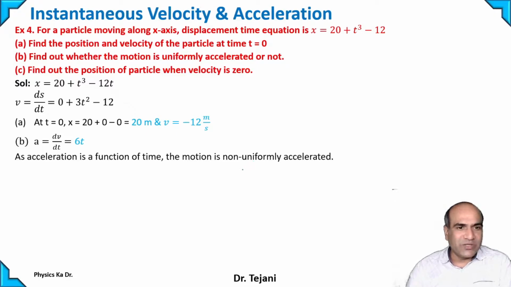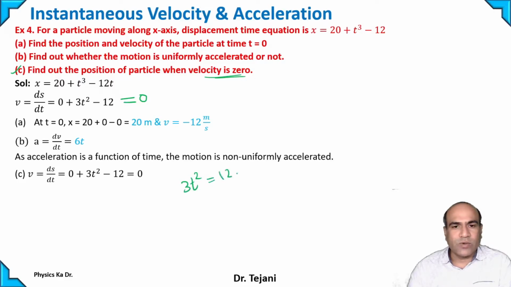Then find out the position of the particle when velocity is 0. Here it is asked, when velocity is equal to 0, we can put velocity equal to 0 in this equation. So 3t square minus 12 is equal to 0. Can we put 3t square is equal to 12? We can divide this, so t square becomes 4 and t is equal to 2.